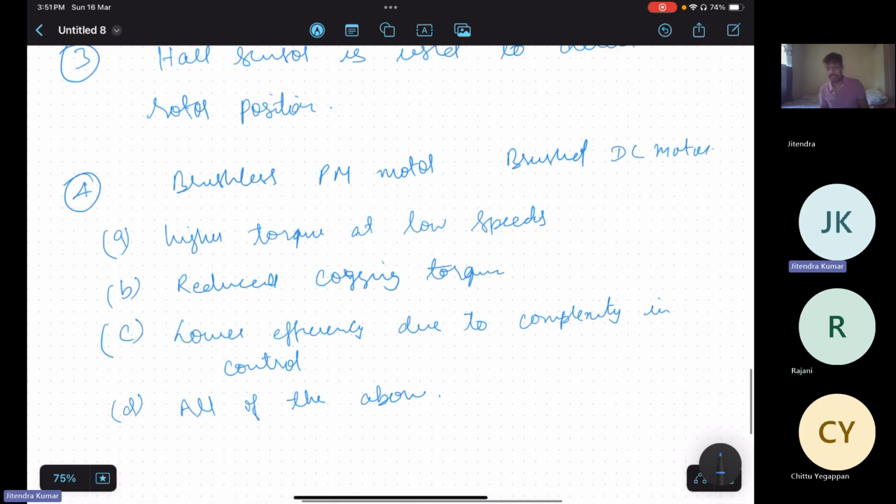So we have to identify in which area our brushless permanent magnet motor offers an advantage compared to the conventional brushed DC motor. What do you think?